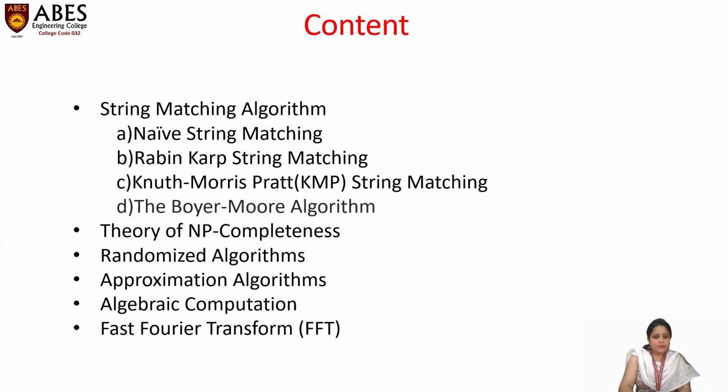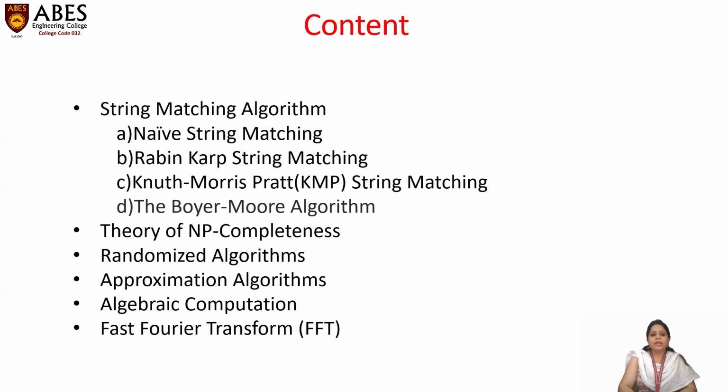NP completeness is a class of problems where, if you have a solution, you can quickly verify whether the solution is correct or not. NP completeness helps us understand problem difficulty and guides us toward a realistic approach to designing an algorithm. These problems are very important because they appear everywhere in real life, such as routing and scheduling algorithms.